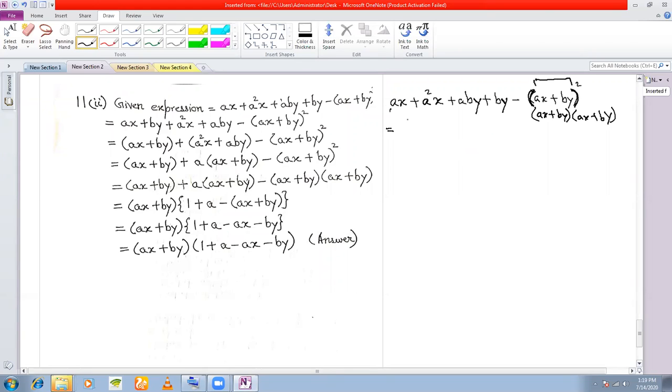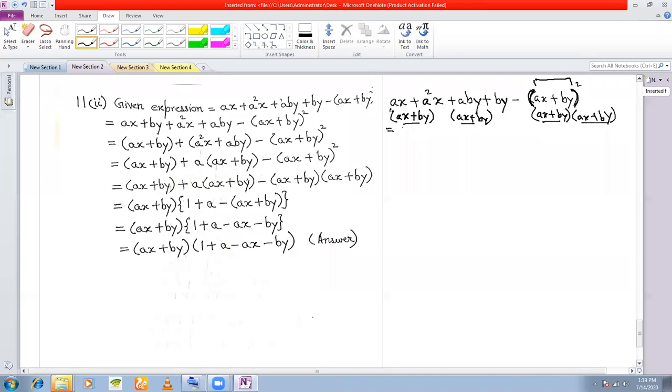Intuitively, what I can say is just guesswork. What I can say is that if I am able to group terms in such a way that grouping the first two or the first and the third, I can get an ax plus by here, and if I group the next two and get an ax plus by here, then I will get ax plus by, and ax plus by into ax plus by.